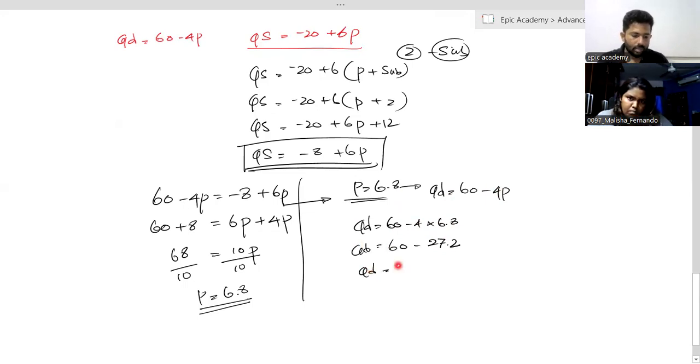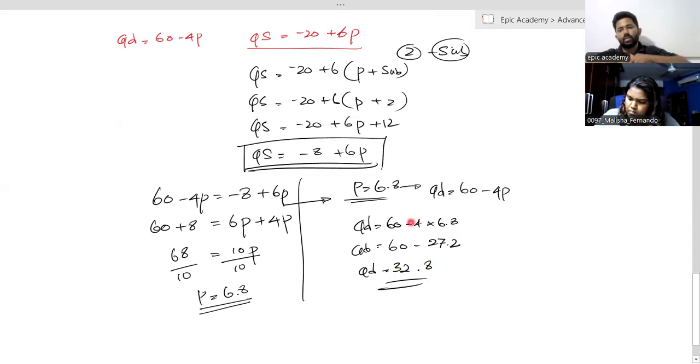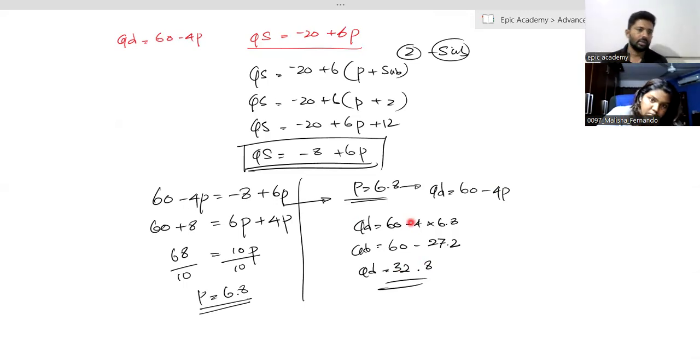So 60 minus 27.2 is 32.8. Yes, that's good. Are you okay with those values? Yes. Okay.